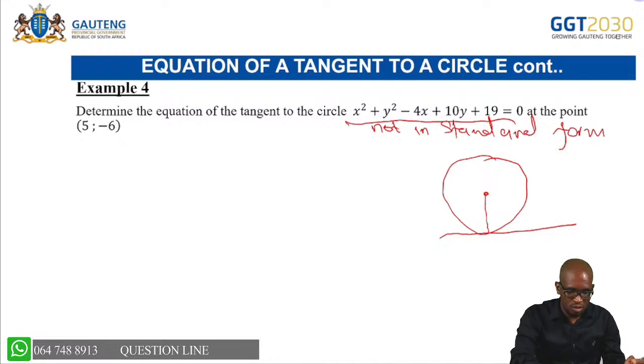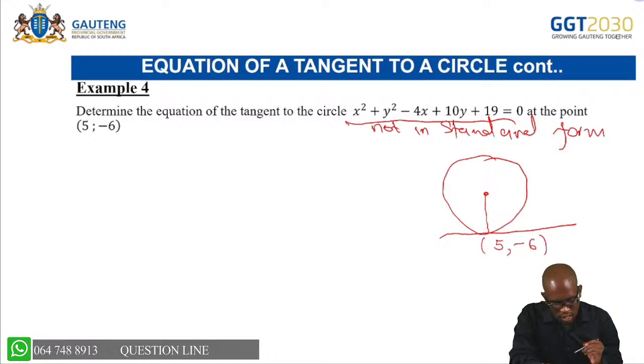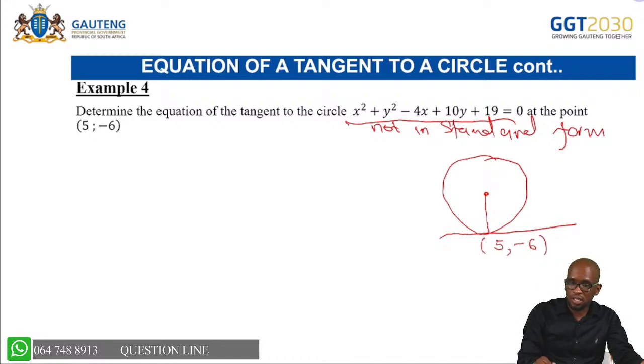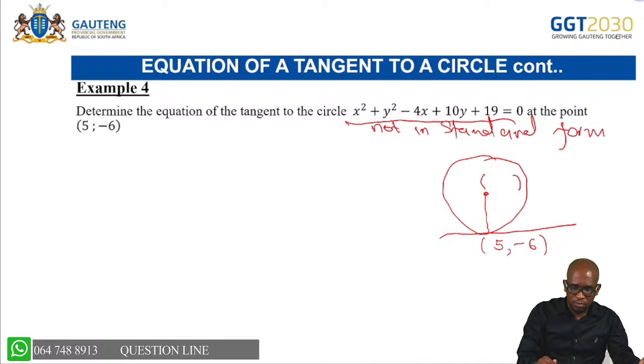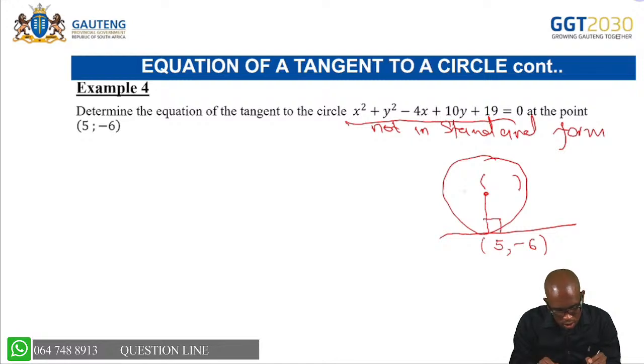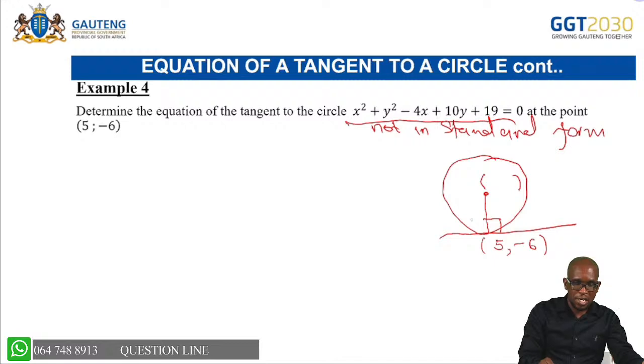However, we know the point of contact. This is just a rough sketch. The point of contact is (5; -6), which means that we need the coordinates of the center in order for us to be able to work out the gradient of the radius.